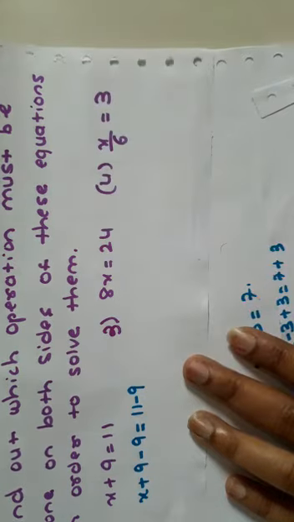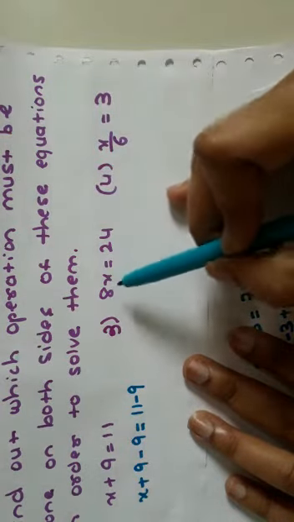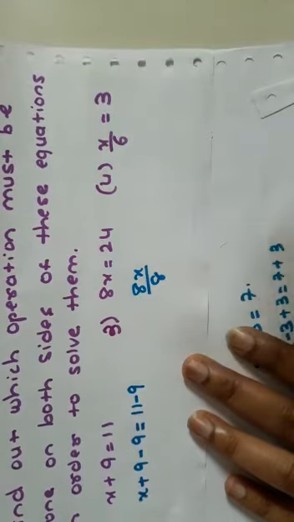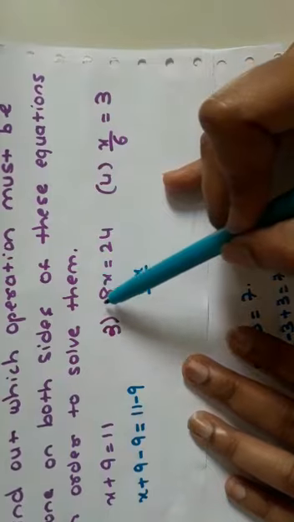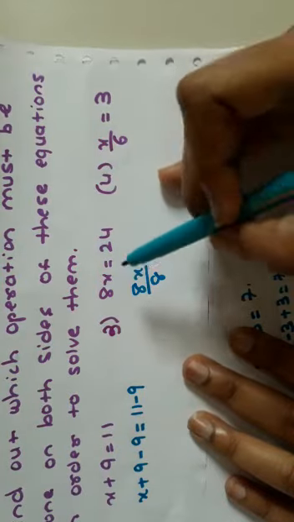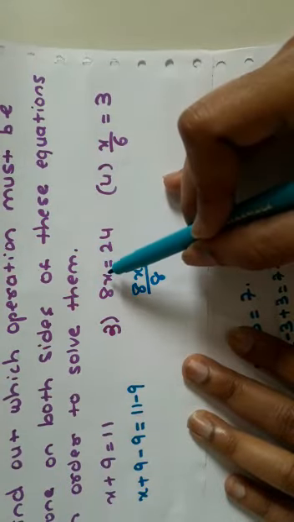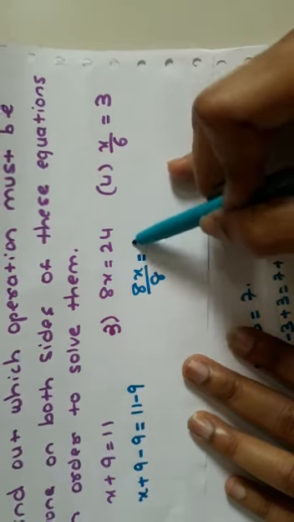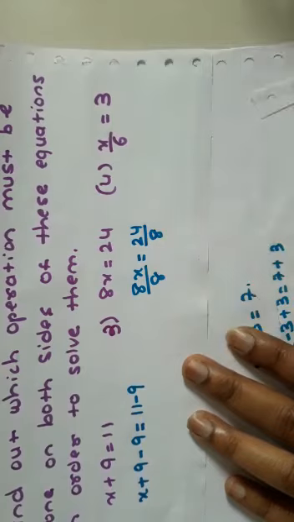So when it is multiplication, we divide, and we divide by the number 8. So divide by 8 on both sides. This is because I have to eliminate 8, which is multiplied to x. So when it is multiplication, we divide 24 by 8.